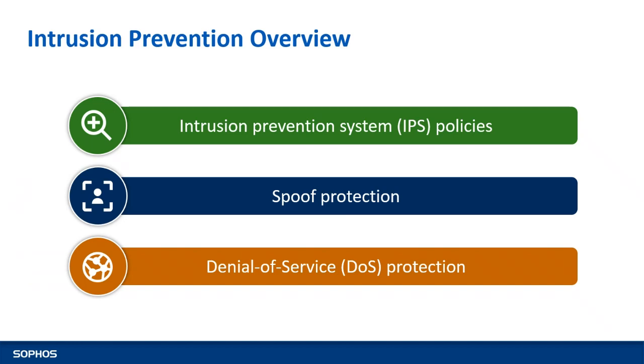Another is counterfeit protection, which removes traffic that tries to pretend to come from a different MAC or IP address to bypass the protection. And denial of service, or DoS protection, which removes traffic that maliciously tries to prevent legitimate traffic from accessing services.